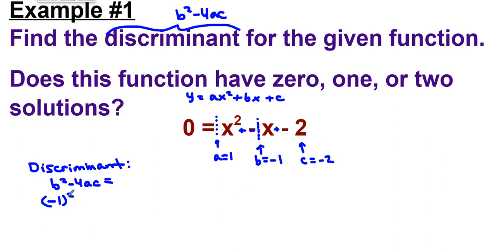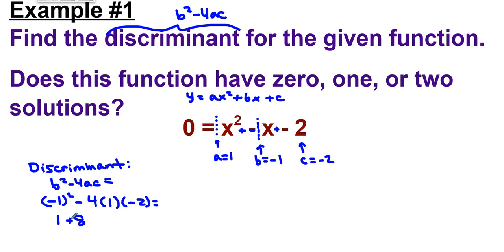Minus 4 times a times c. Negative 1 quantity squared is positive 1. We are subtracting a negative. So this is going to become a negative 8, which turns into a positive 8. So if you are subtracting a negative, it turns into a positive. So this is 1 plus 8, or 9.